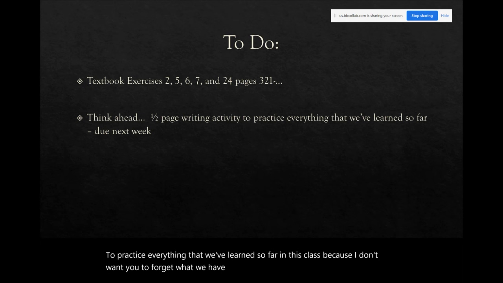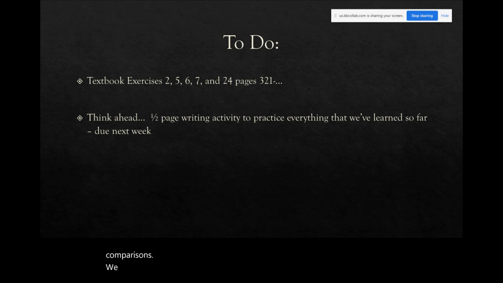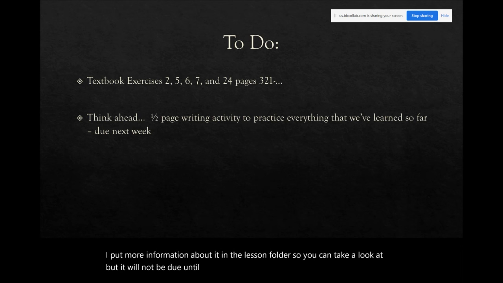If you remember, we talked about comparisons, we talked about nouns and the passive. So we have a little writing assignment. I put more information about it in the lesson folder, so you can take a look at that, but it will not be due until next week. Okay, so you've got 2 weeks. Yippee. Any questions?